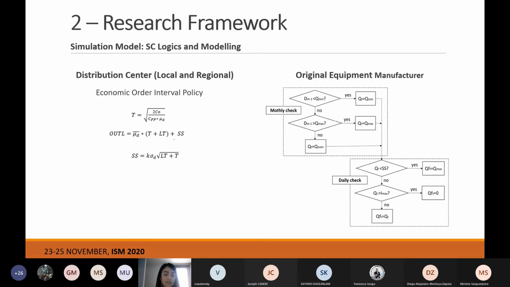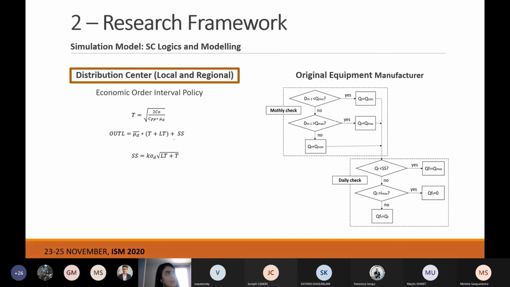Concerning the logic of the simulation model, each player has been modeled considering its role in the supply chain. In particular, distribution centers, both local and regional, manage the product distribution and sale, and so their inventory management has been modeled in the simulation model.